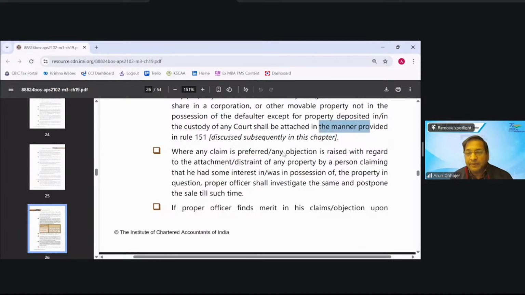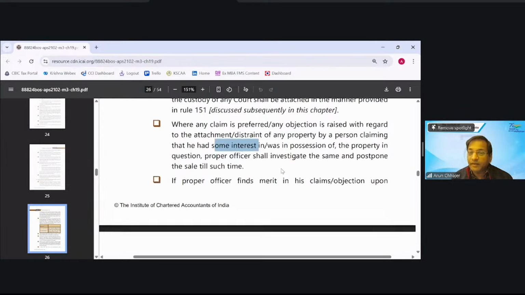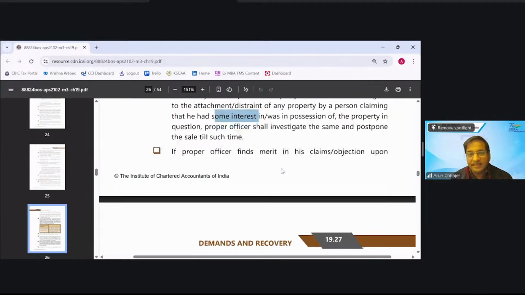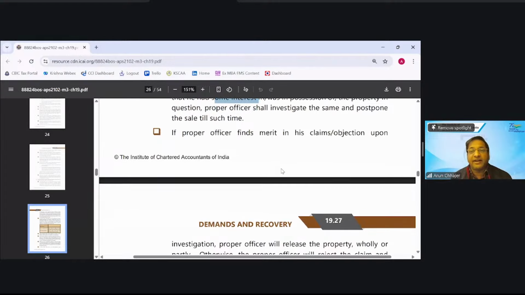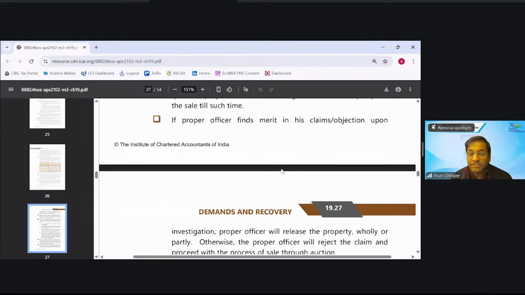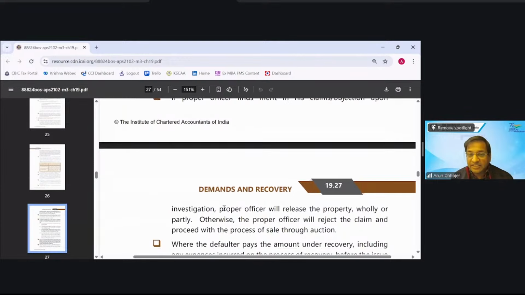Where any claim is preferred, any objection is raised with regard to the attachment or distraint by the person claiming that he has some interest in or was in possession of the property in question, the officer shall investigate the same and postpone the sale till such time. मतलब किसी अदर पार्टी ने कोई ऑब्जेक्शन दिया है कि ये प्रॉपर्टी में मेरा भी इंटरेस्ट है, इन दैट केस if the proper officer finds the merit in his claim or objection, upon investigation, the officer will release the property wholly or partly.